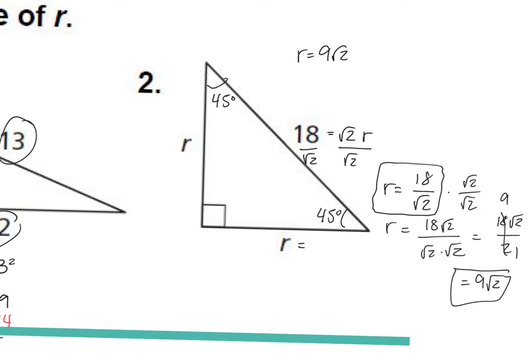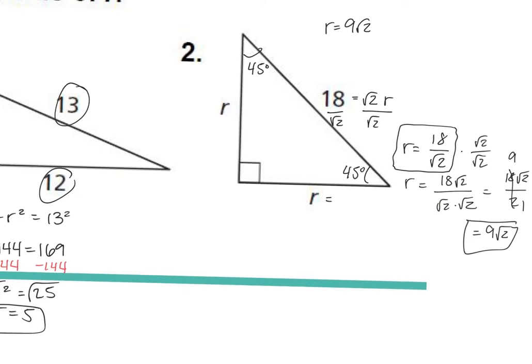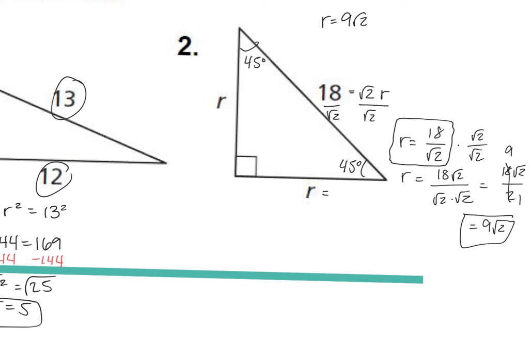The other way you could have done this one is using the Pythagorean theorem. Let's see if we get the same thing if we use the Pythagorean theorem, okay? So a and b are my r's, so it would be r squared plus r squared equals 18 squared. Agreed? So from here, all you had to do was say r squared plus r squared, that's just going to be 2r squared equals 18 squared, which is, I think, 344.